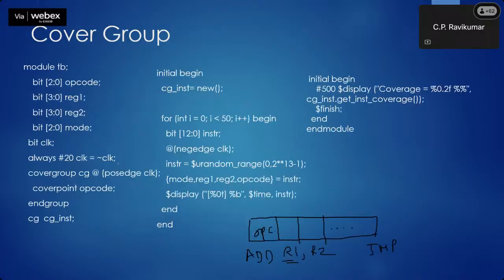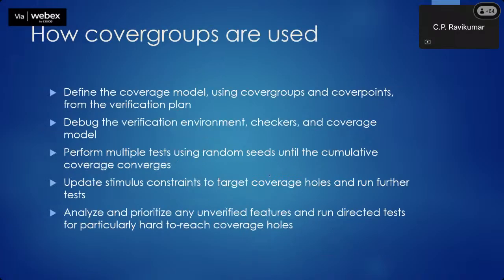You can say, look, in this example, the order in which I have given is mode, register one, register two, opcode. What if I reverse these two or something like that? I'm sure the coverage will change. So people may do things like that. They will see where the gaps are and try to do something about the gap by making changes like that.